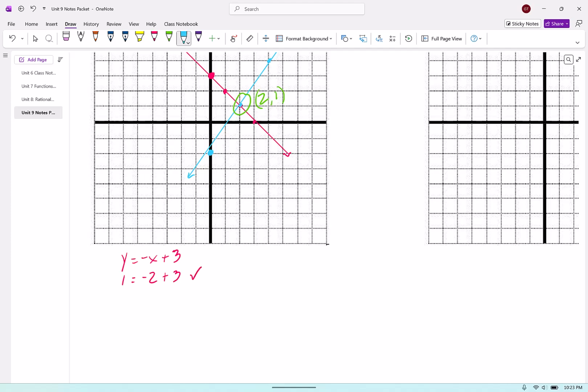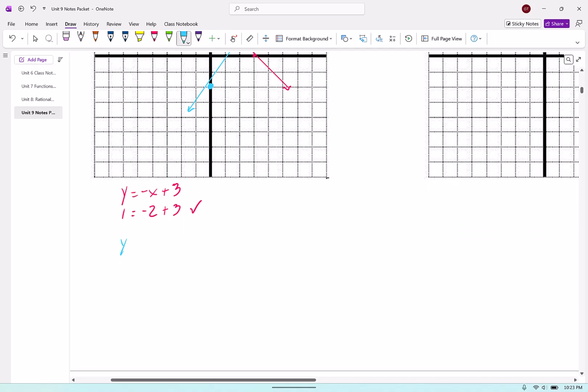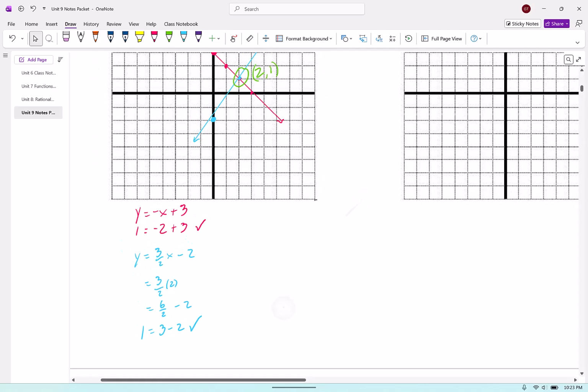The other equation is y equals 3 halves x minus 2. Putting in 3 over 2 times 2 becomes 6 over 2 minus 2, which is 3 minus 2, and that equals 1. Check.